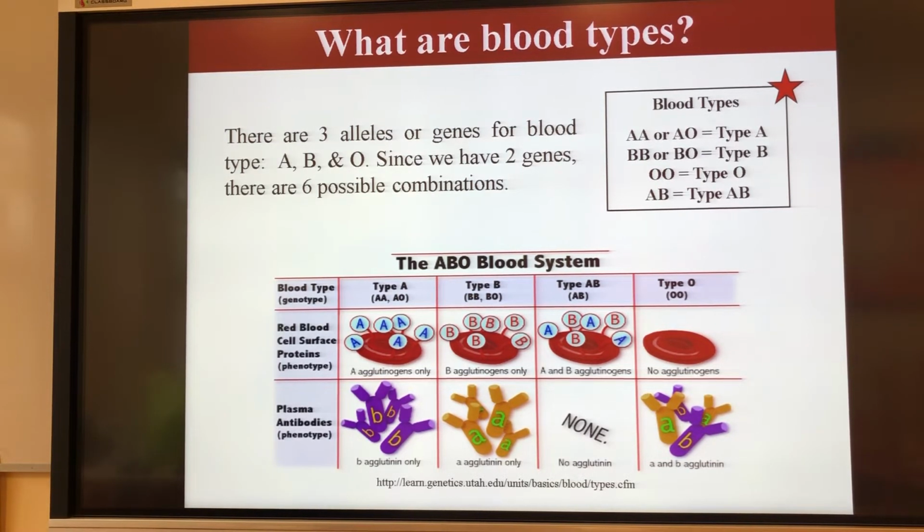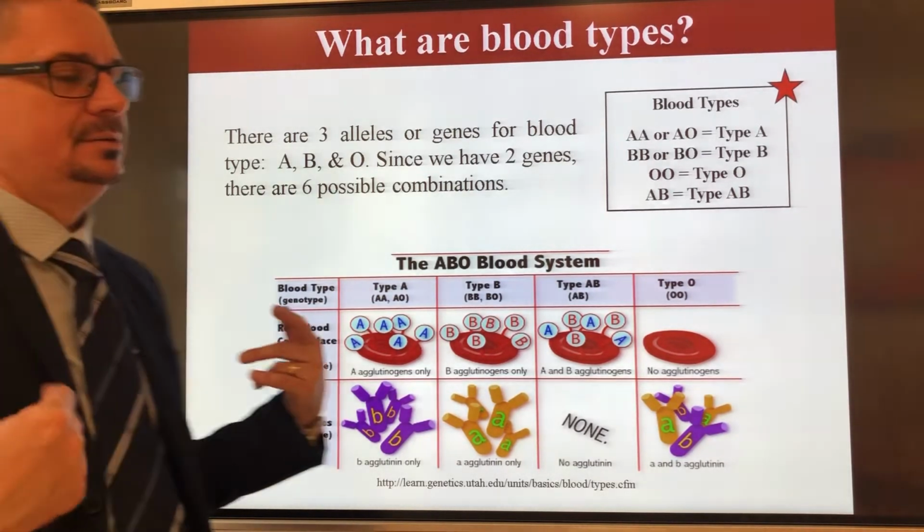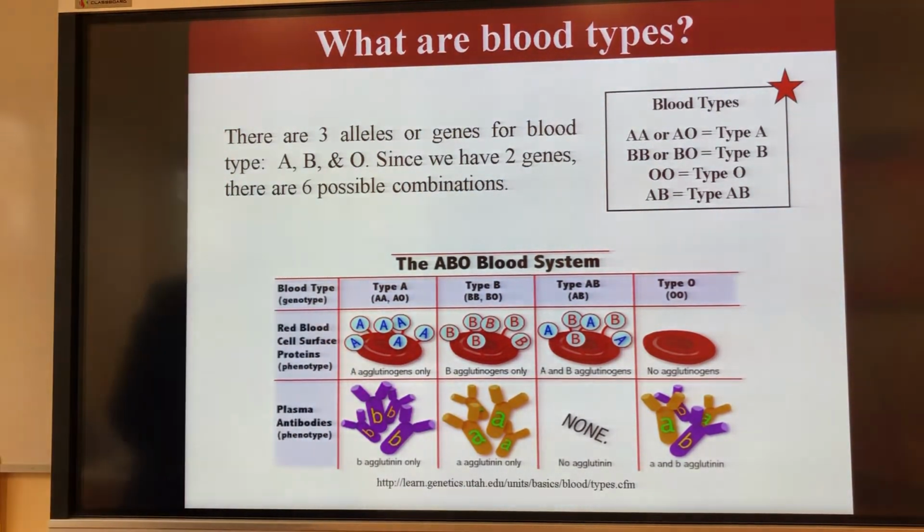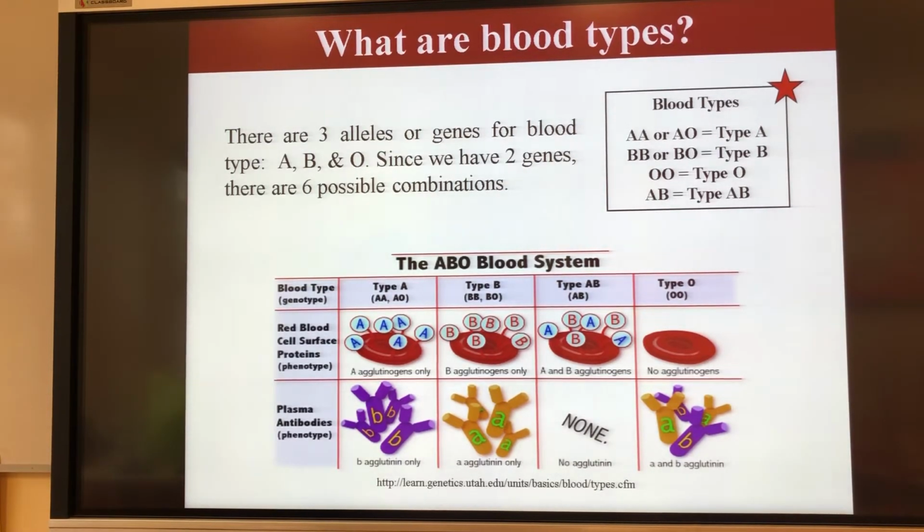Type AB blood has no antibodies. Then people with AB type of blood can receive blood from anyone. So blood type O persons are general givers, and blood type AB people can get blood from anyone. So that's important to know.